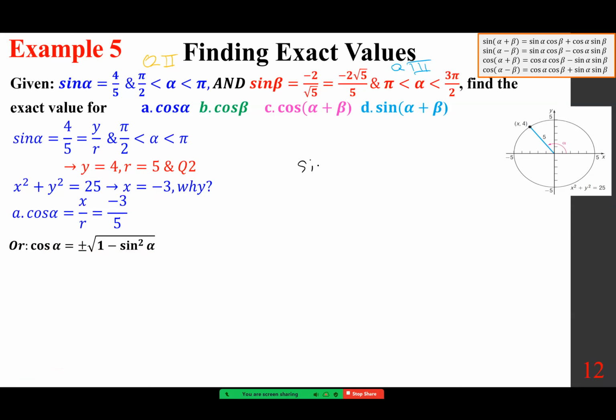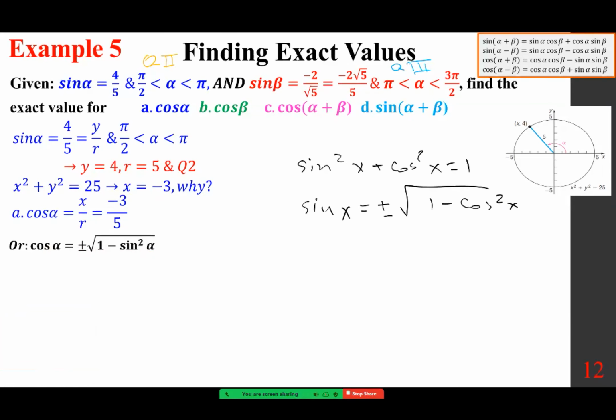When we know sine squared x plus cosine squared x is 1, then we know that sine x is plus minus the square root of 1 minus cosine squared. That's the assumption. So cosine, of course, is plus minus the square root of 1 minus sine squared. So we know all of those. And so when you calculate and finish the job based on the quadrant, you make a decision.